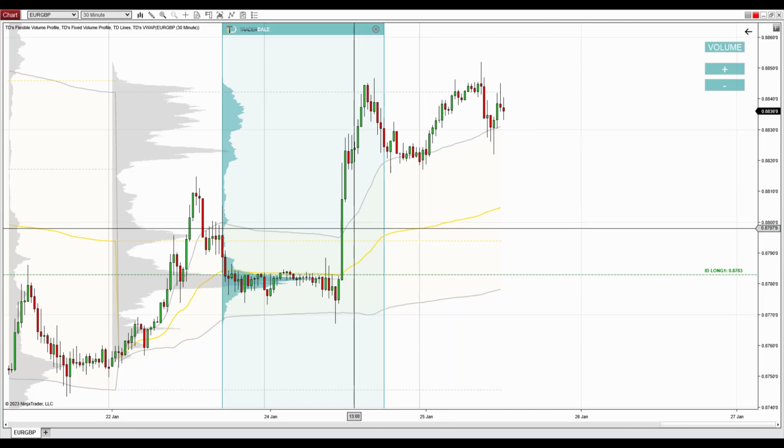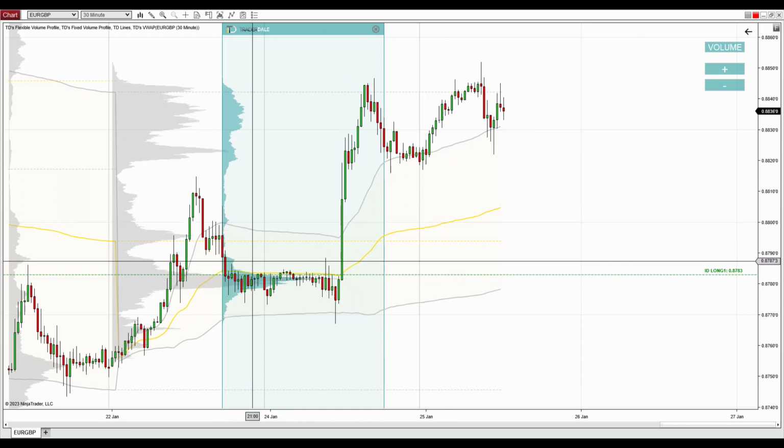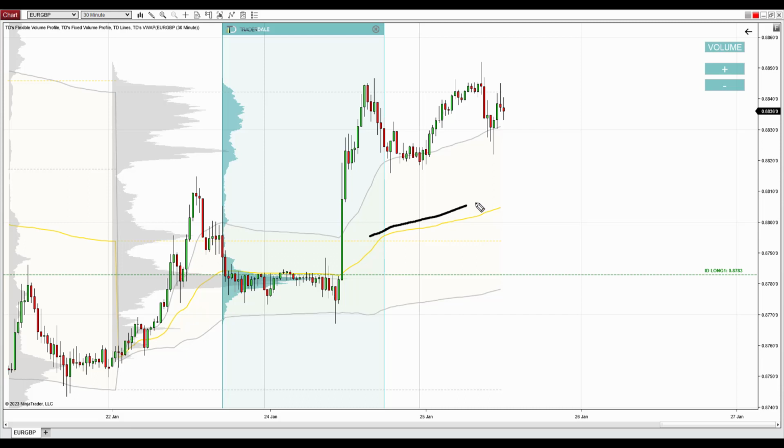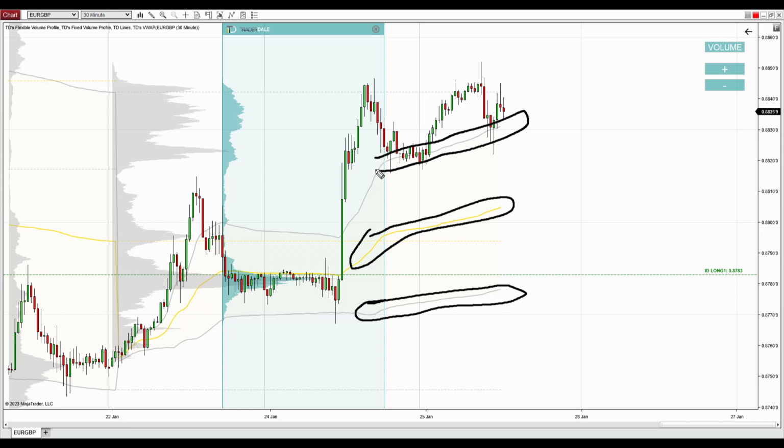Now, apart from this volume profile setup, there's also a VWAP setup. VWAP is this yellow line, and first deviations of VWAP are those two gray lines you can see in here. Now, the price likes to react to those first deviations, to the gray lines.